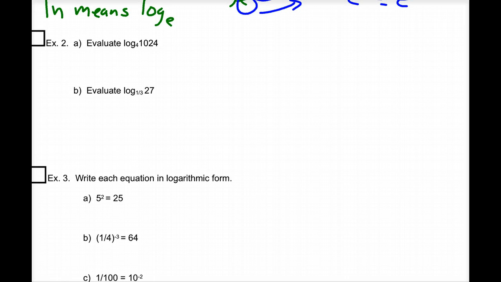Okay, next one, we're actually going to evaluate. I want to figure out what would go here. The ones you have to evaluate, you're going to be able to do mentally, or if you have the half sheet with the powers on it that I've given you, you can use that. Still build your house. So I have 4 to the x equals my neighbor's house, and I want to find out what x is.